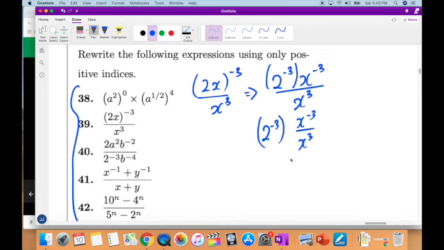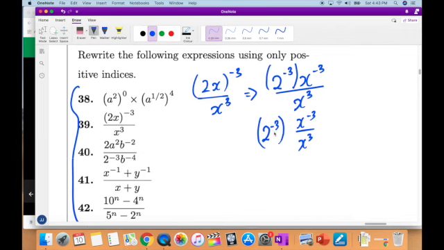Wouldn't 2 to the power of negative 3 still be over x cubed? No. If it was adding, yes. But remember, this is multiplying. So this is really 2 to the power of negative 3 over 1, and remember when you're multiplying fractions, so if I have, say, 2 over 1 multiplied by 3 over 5, I could just multiply my numerators and my denominators, right?